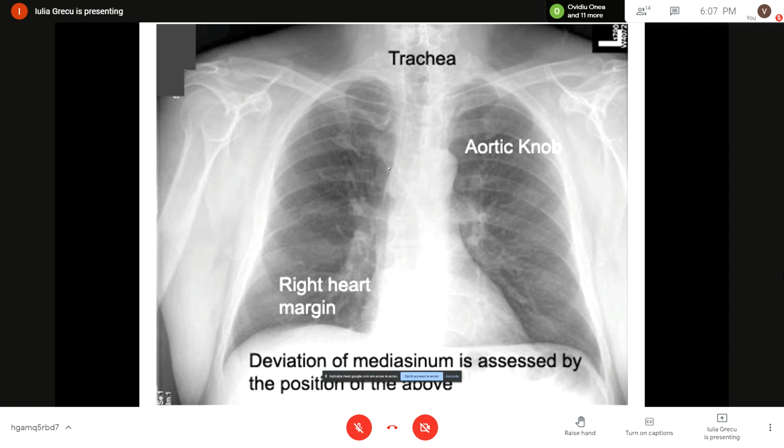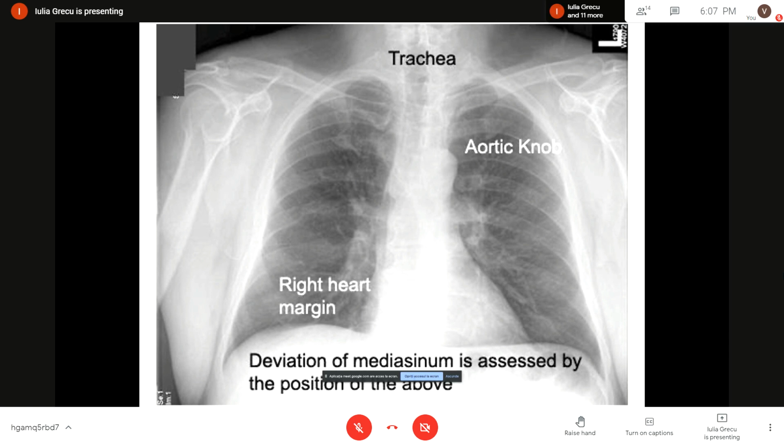In some situations in which, for example, we have an obstruction in one of the lungs, the collapsed lung will determine a traction of the mediastinum and a change in the normal position of the structures that will rapidly stimulate our attention in order to say there's something wrong going on, because the normal structures of the mediastinum are not centered correctly.